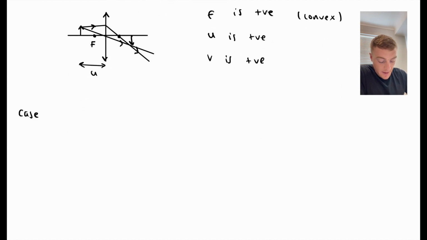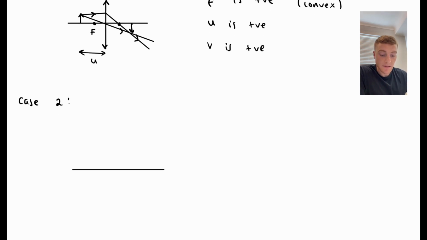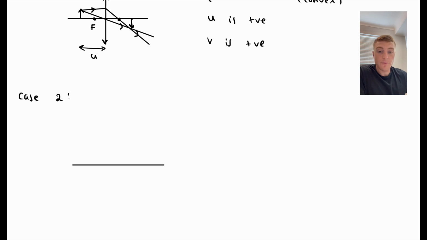Now let's look at a different case, so case 2. If you remember, all diverging lenses or concave lenses form virtual images. It doesn't matter where I place the object with respect to the focal point, we're always going to get a virtual image. So I draw my parallel ray, trace back from the focal point, and that's the angle it diverges at. Draw my unrefracted ray through the center, and we get an image formed over here.